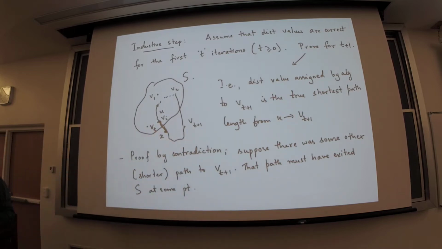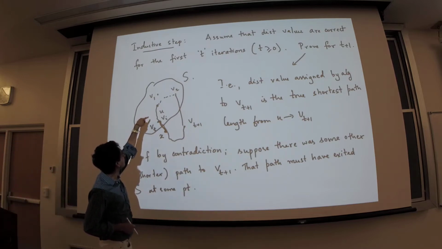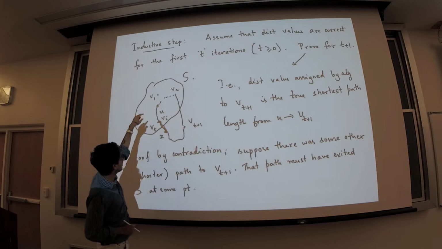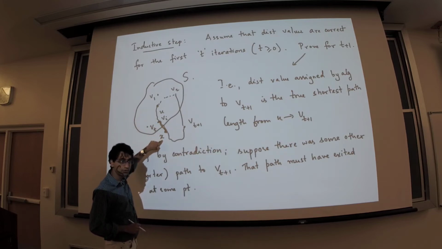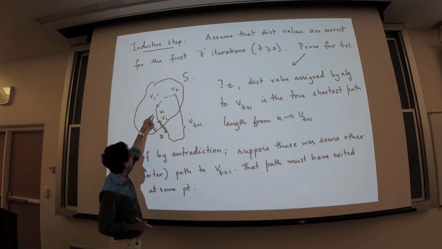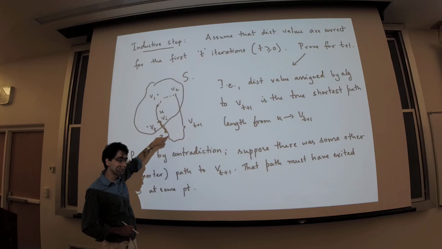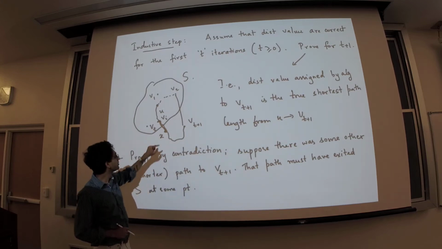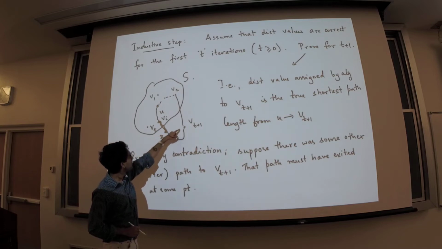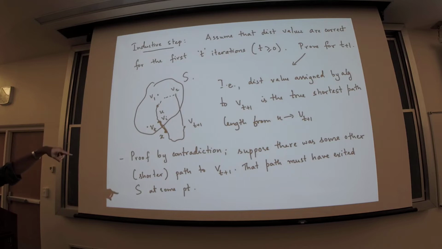Right? So now what you know is that in the true graph, distance from u to x, because the length of this part is non-negative, so I'm looking at the true shortest path, which supposedly is better than the path I found.